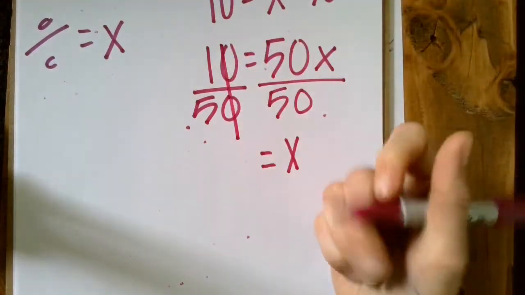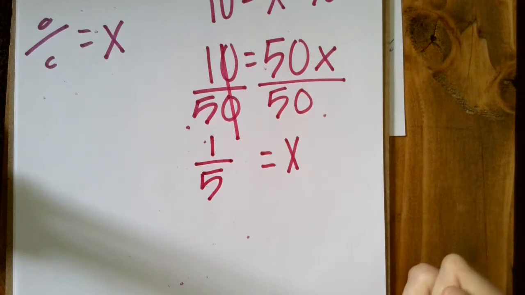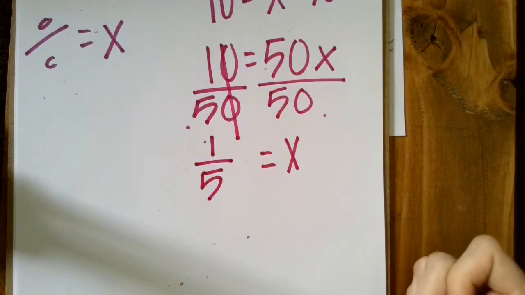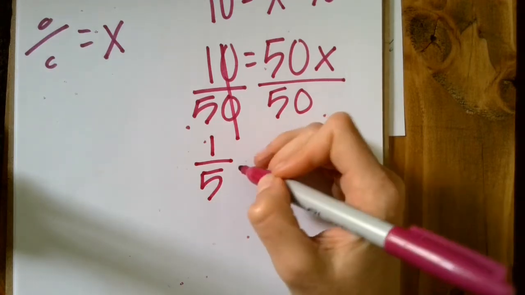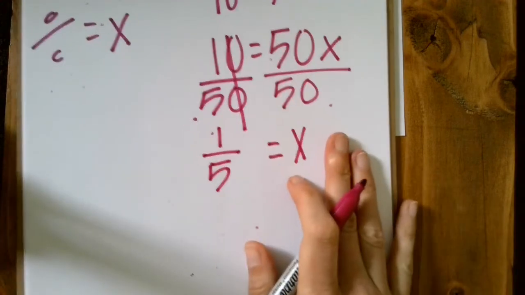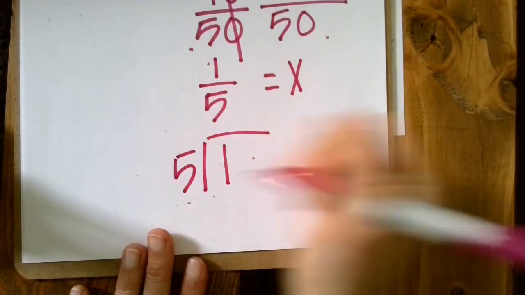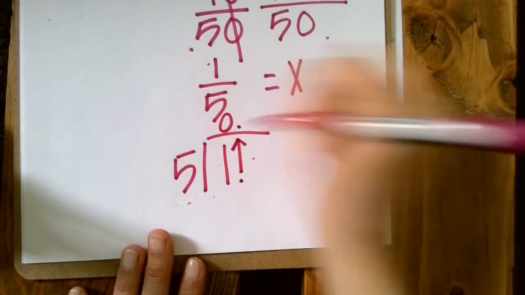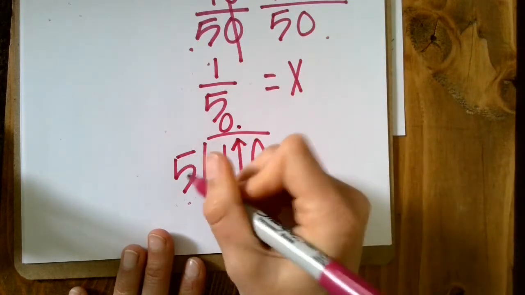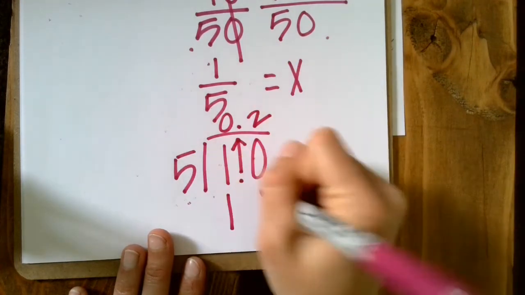So my zeros are going away, and I'm left with 1/5. You can't say 1/5%. Instead, you have to find this as a decimal. So I'm going to divide. 1 divided by 5 goes in 0 times. Add my decimal, bring it up, add a 0. 5 goes into 10 2 times.